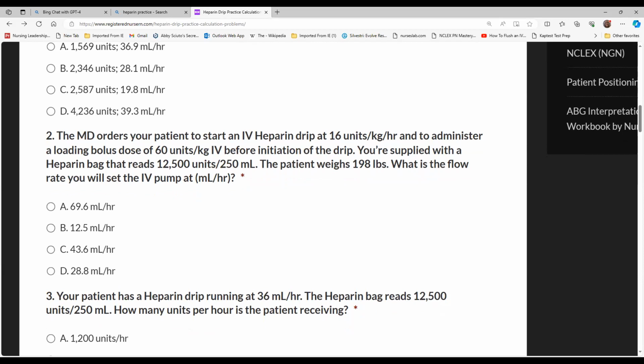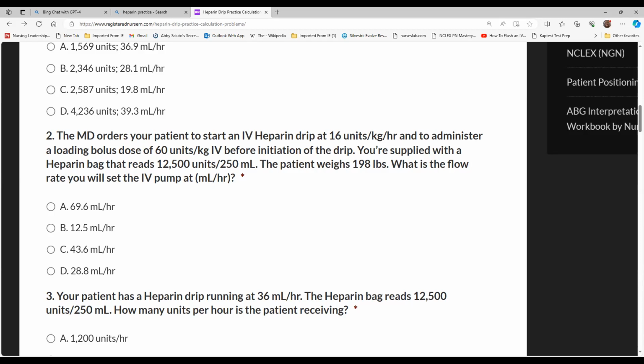All right, so what we're going to take out of this is first, I always take the weight, which is 198. We'll take the order, which is 16 units per kilogram per hour.